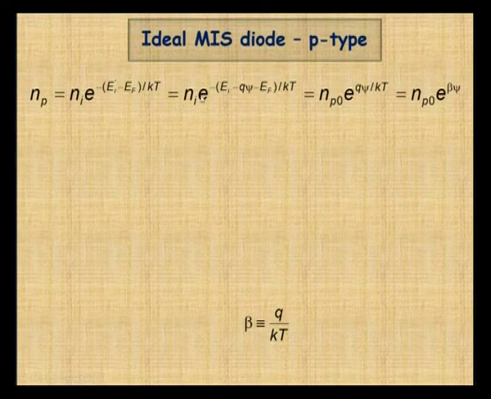That is equal to the intrinsic concentration times e to the power of minus (Ei, the intrinsic energy, minus q psi minus phi) divided by kT. This can be simplified and written as Np naught times e to the power of beta psi, where beta is equal to q by kT, and k is the Boltzmann constant. This is for an ideal MIS p type diode.